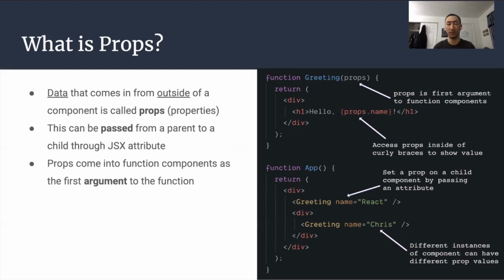That is how you would pass variables from a parent component to a child component. This allows you to reuse components with different values, which is going to render different kinds of UI. In the second greeting component, we have a value of Chris for the name variable, so that's going to display a different type of UI.